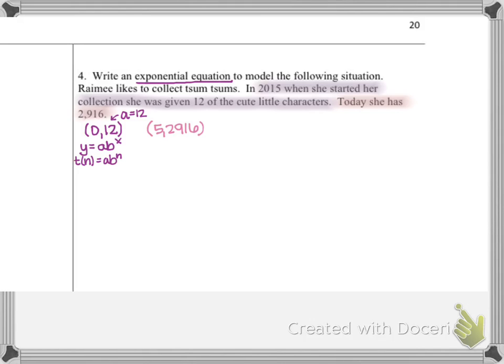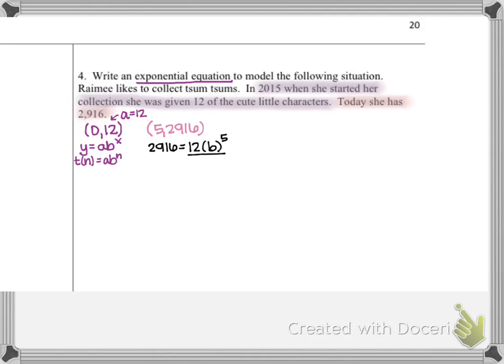So I don't have to go through the portion of rewriting two different equations for this. I can kind of just write one. All right, so using the form of the equation, there is my y or t of n value. My a is 12. I don't know what b is, so I'm going to leave it there, and then I've got my exponent of 5.